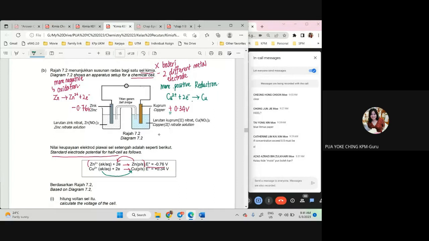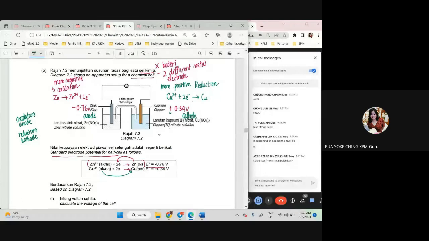So, oxidation, so you dah tahu sini anode. Okay, kena ingat, oxidation mesti berlaku di anode. Reduction mesti berlaku di cathode. Ini dah fix. So, ini reduction, so sini cathode.